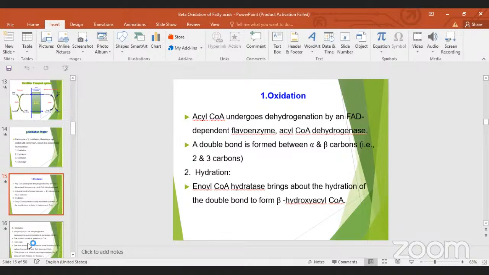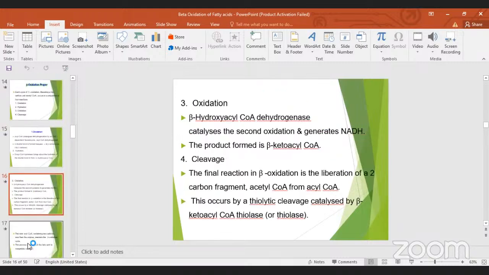The third step is oxidation: beta hydroxyacyl CoA dehydrogenase catalyzes the second oxidation and generates NADH. The product formed is beta keto acyl CoA. This is the third one.